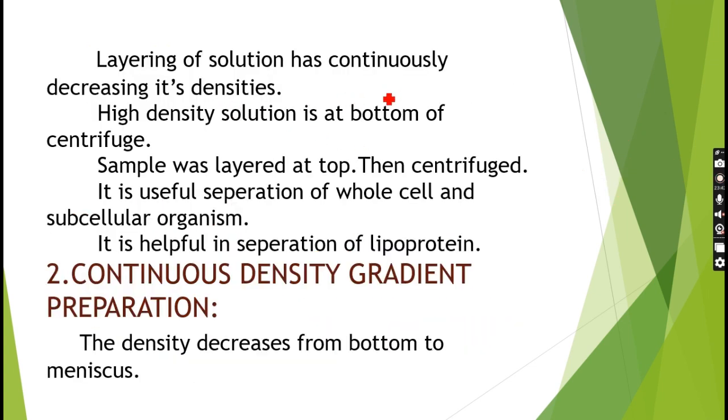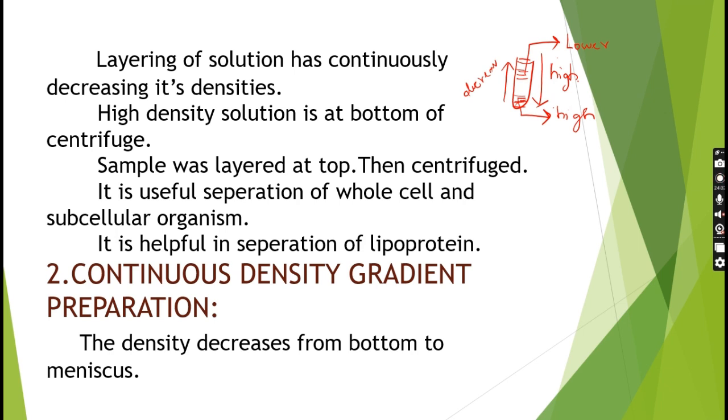So the layering of the solution: the density of the gradient layering is going to be decreased from bottom to top, and increased from top to below, which means in the test tube the bottom gradient is going to have a higher density, and the top is going to have a lower density, as a lower density component is going to be at the top and a higher density gradient is going to be at the bottom.